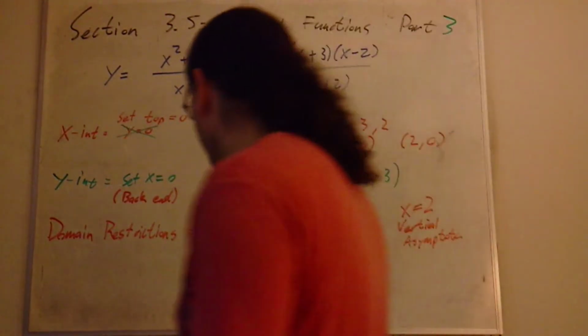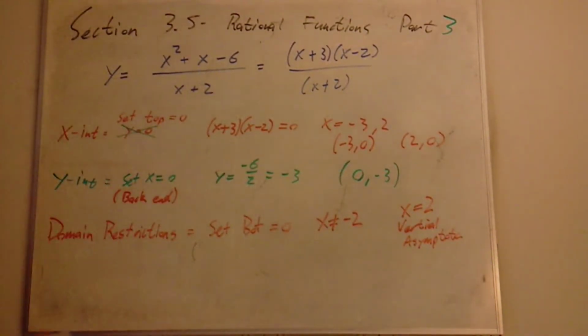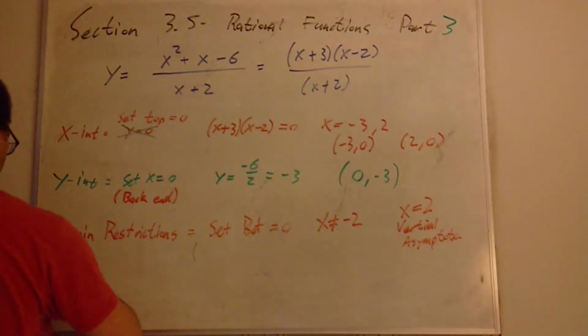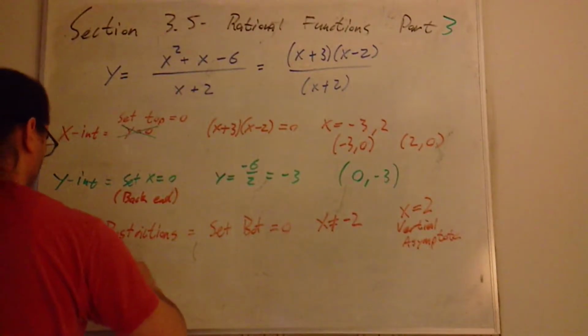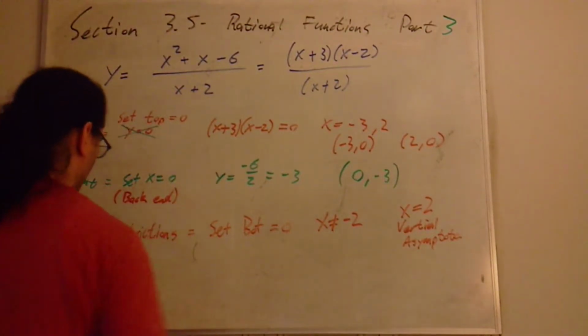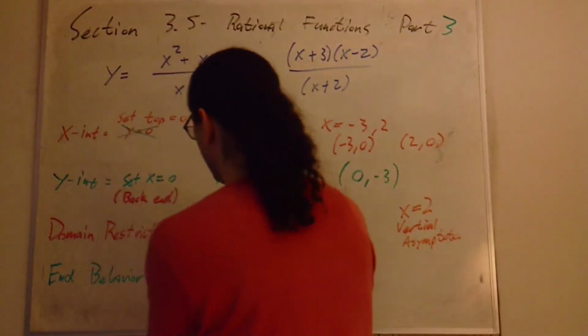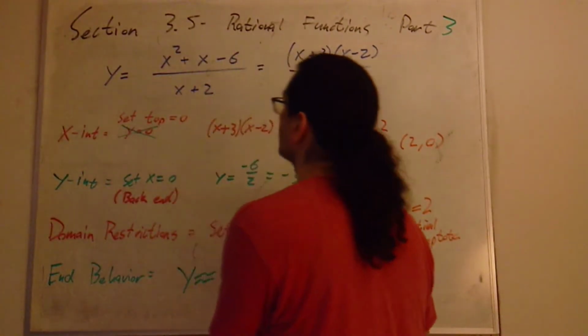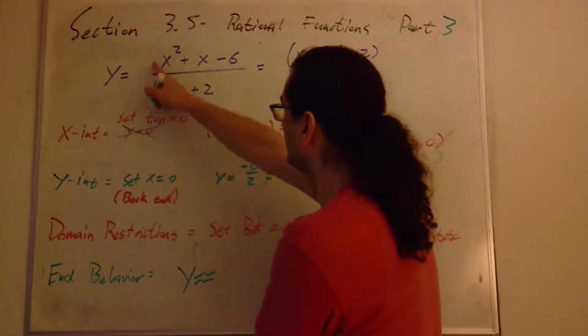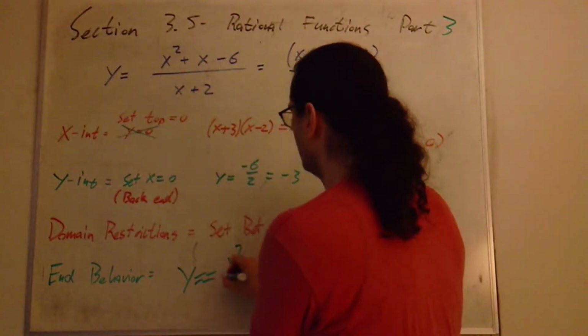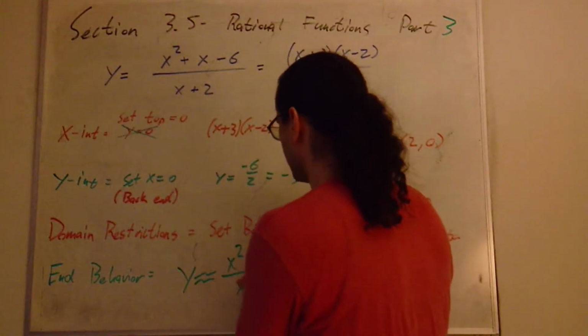And then the third piece we need is going to be end behavior. End behavior here is going to look, when x is big, y looks like the leading term of the top, which is x squared, over the leading term of the bottom, which is x.